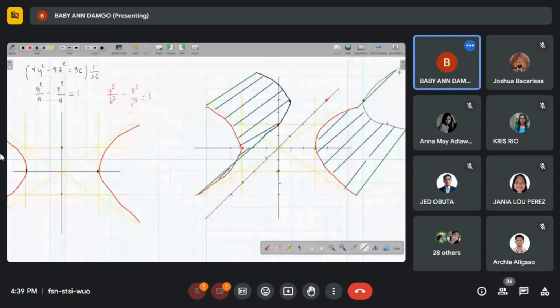And then mag-create ra ka og like mirror image niya sa x, nga mao ang ma-create nga parallel line sa x. Pero depende kung ang wala diri kay y, ma-change ang iyahang graph. So same form but lahi na siya og noun. So adto na sad siya parallel sa y.